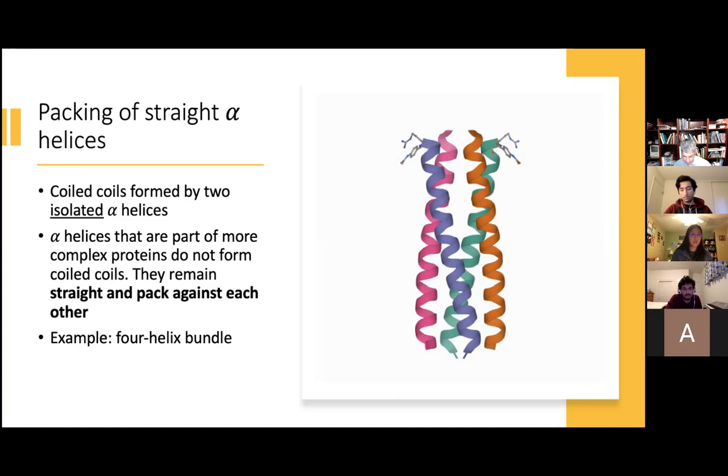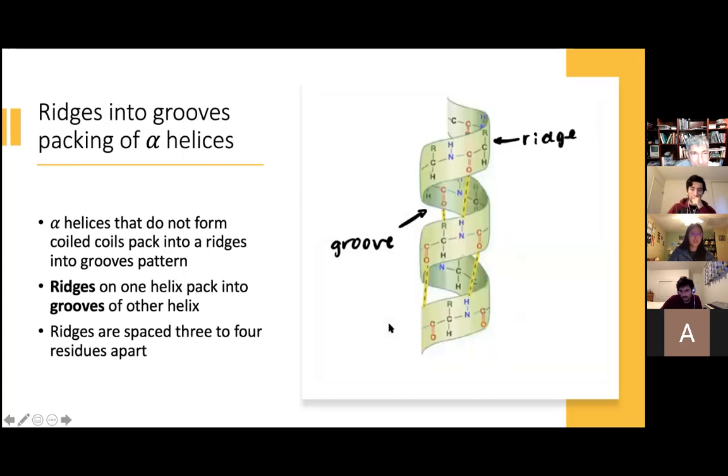A good example of this is what is called a 4-helix bundle, where each helix is not in a coiled coil, but instead they pack against each other rather than wrap around each other.